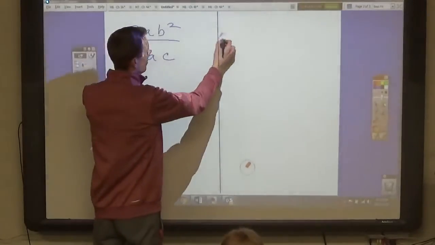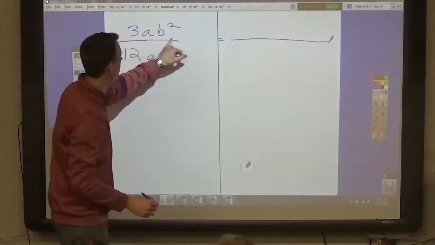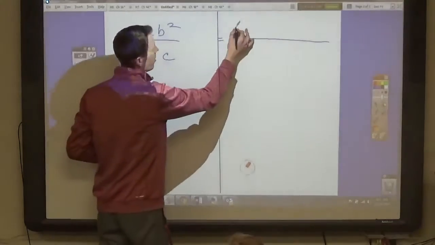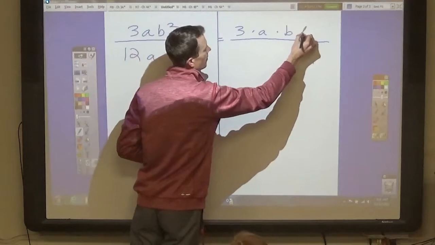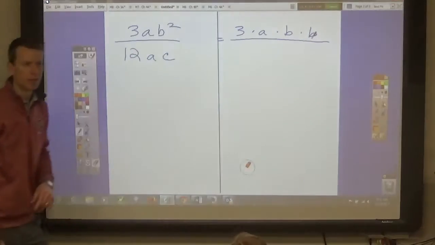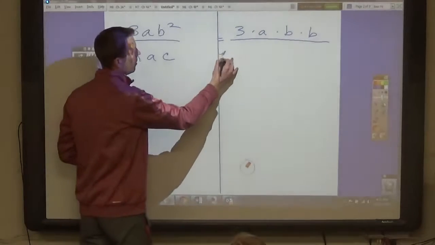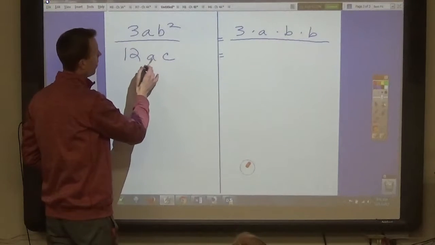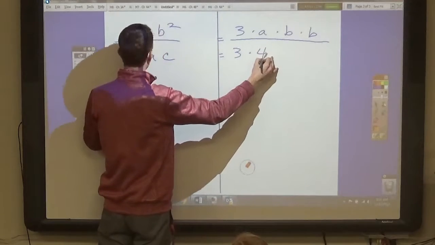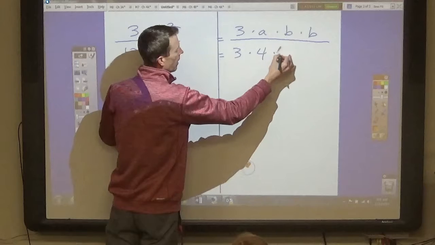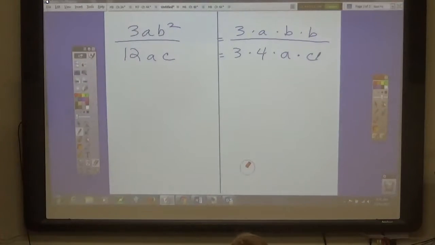Now, if we wrote this out in expanded form, this would be 3 times a times b times b, right? And if we wrote 12, we know there's a 3 in the 12, so this is 3 times 4 times a times c, right?